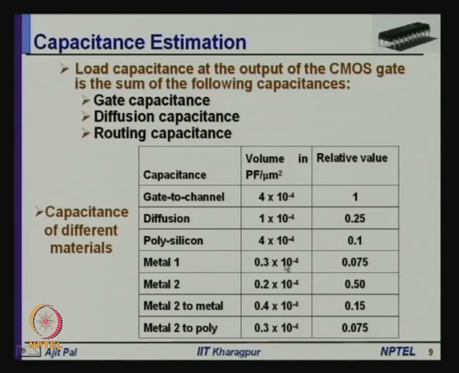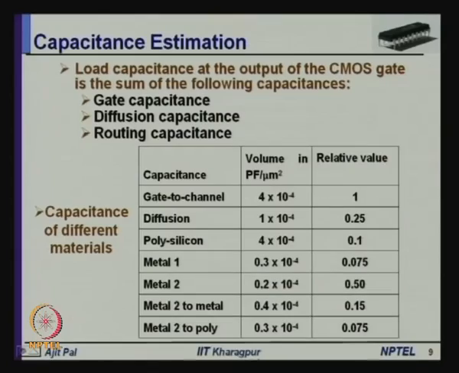Metal has still lower capacitance, 0.3 into 10 to the power minus 4 picofarad per micron square, metal 2 0.2 into 10 to the power minus 4 picofarad per micron square. Then metal 2 to metal layer, because nowadays VLSI fabrication is done in multiple layers. So, there will be one metal layer and below there can be another metal layer. That will also lead to some capacitance.